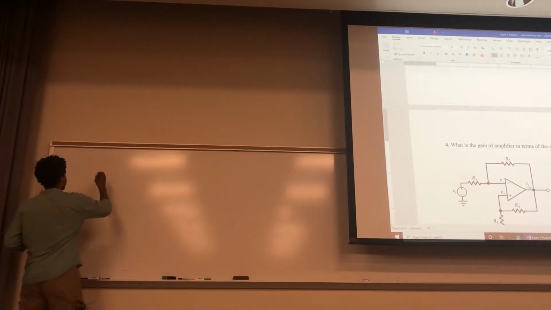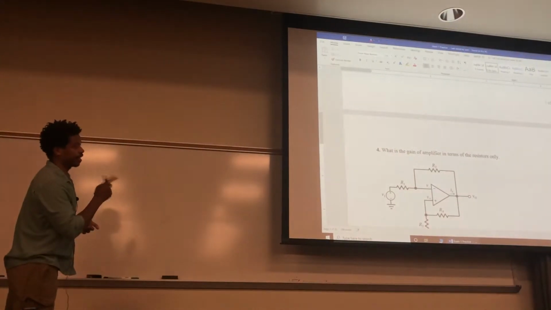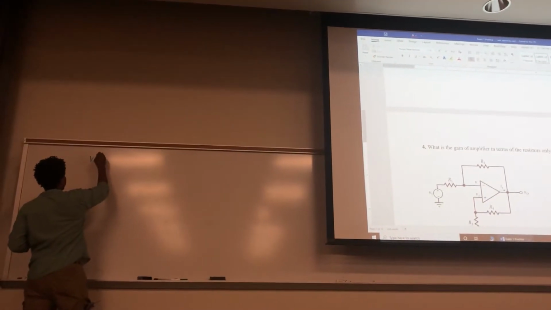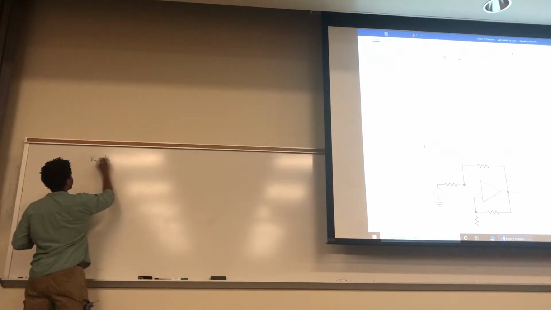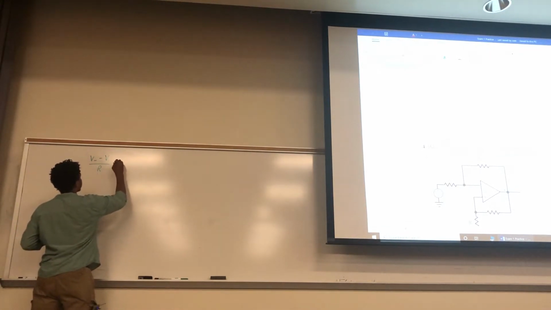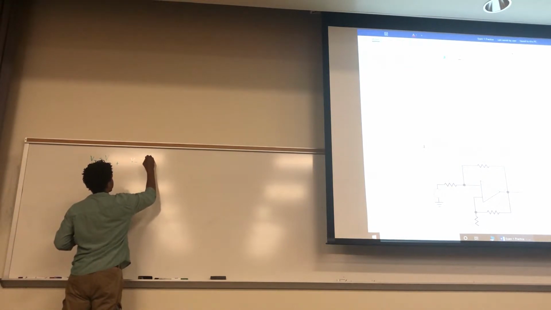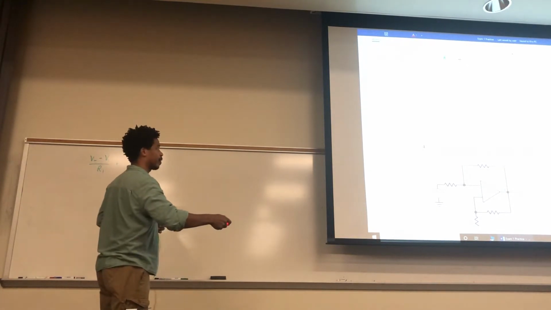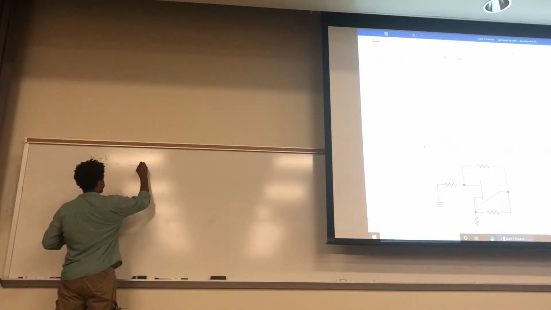So the first KCL is at the inverting node. Okay, so it's going to be V minus V1 over R1 plus V minus V out, that's going in this direction, over R2.